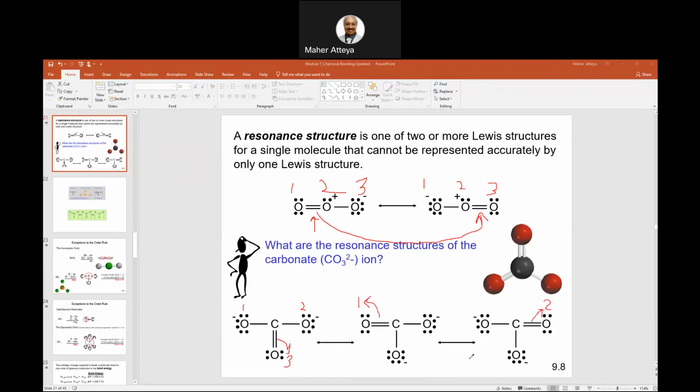So you can see this double bond migrates through all 3 oxygens within the carbonate ion. This is the carbonate ion. This will lead to more stability, more stability, more stability.